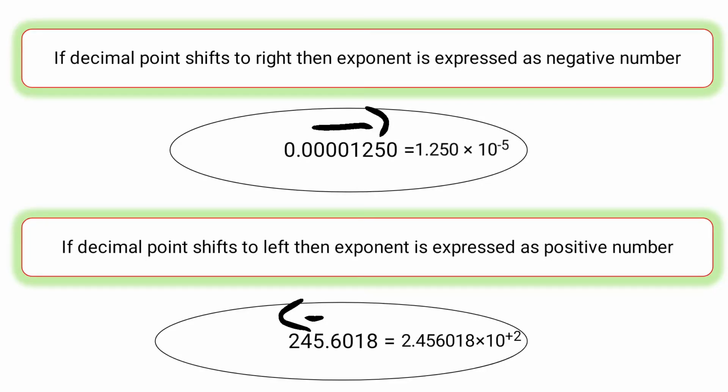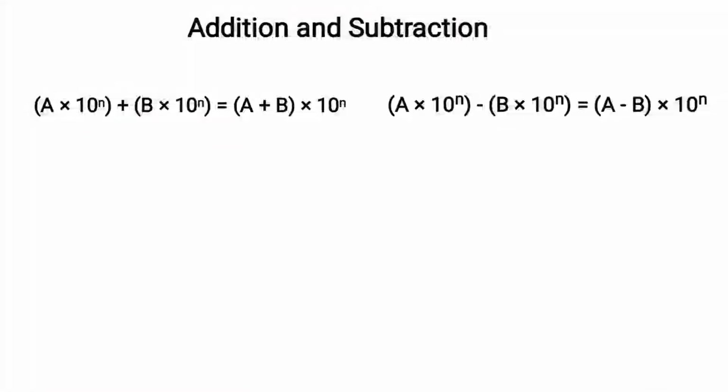So now let us see how to perform various mathematical calculations on the numbers which are written in scientific notation. Let us now start with addition and subtraction. If we have to add or subtract any numbers which are expressed in scientific notation, we must first check whether the exponents of the numbers are the same or different.